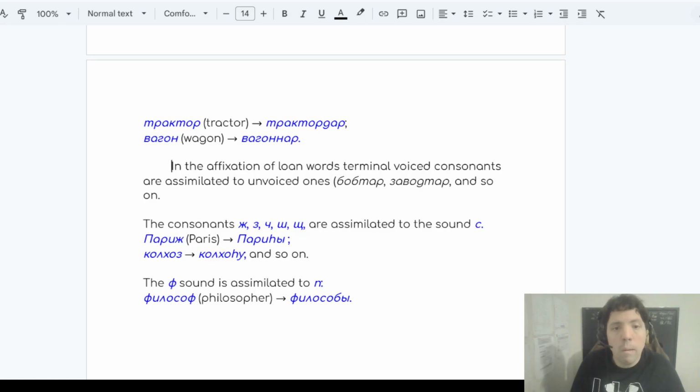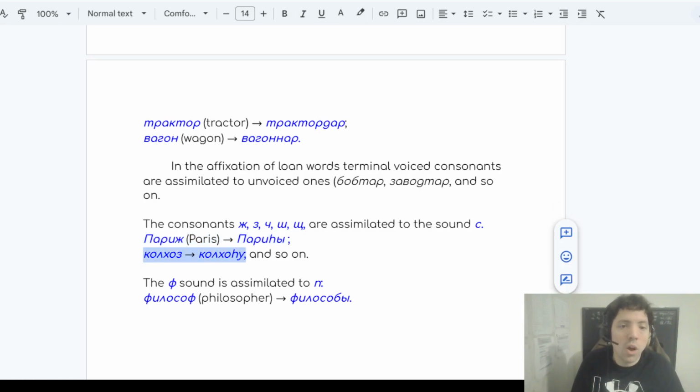All right. In the affixation of loanwords, terminal voiced consonants are assimilated to unvoiced ones. So like botar, zavotar, and so on. The consonants j, z, ch, sh are assimilated to the sound s. Paris becomes Paris.